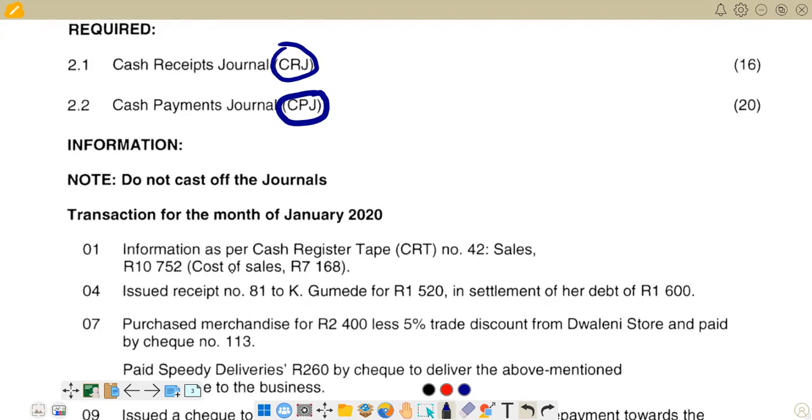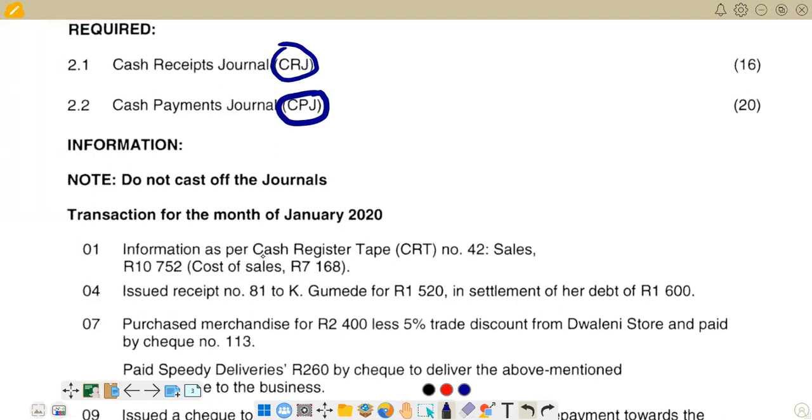Right, on 1, it reads information as the cash register tape, which is the CRT, number 42. Sales 10,752 rands, and then cost of sales in brackets, 7,168. Remember, the sales represent the selling price, and then the cost price is this one.